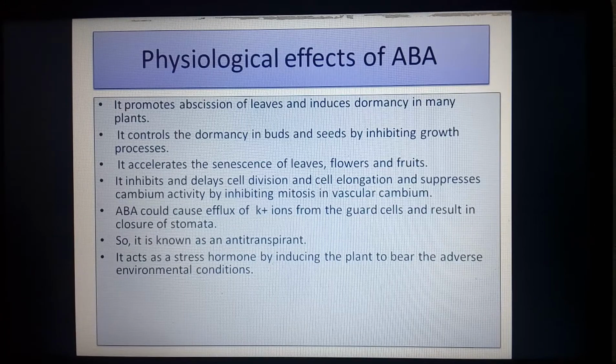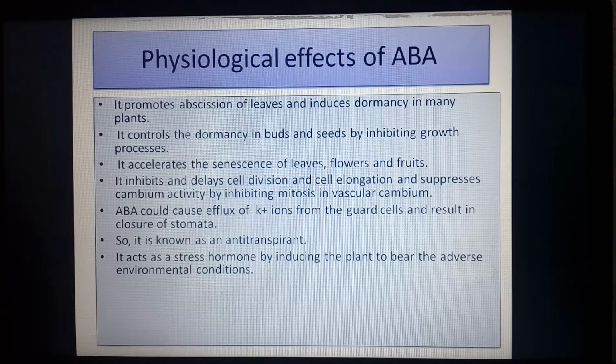Then you can give the reason in the form that abscisic acid is responsible for the closing of stomata as it induces the efflux of K+ ions. The osmotic pressure of a guard cell decreases. By the process of osmosis, water moves out from the guard cell and it becomes flaccid, responsible for the closing of stomata and avoids the process of transpiration.